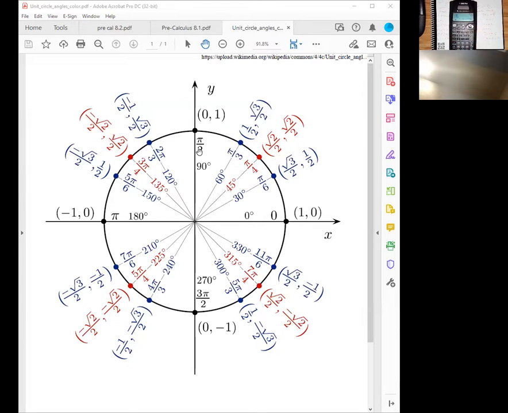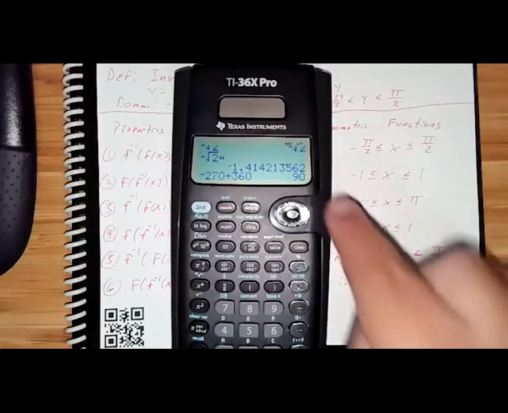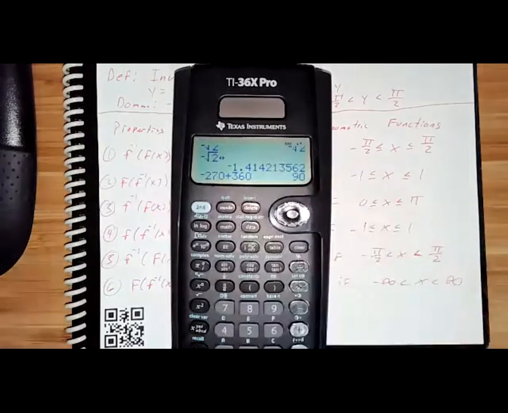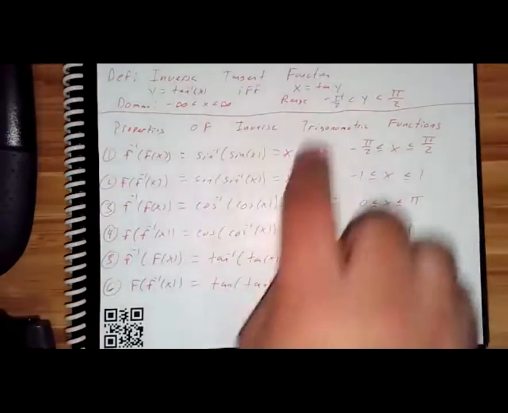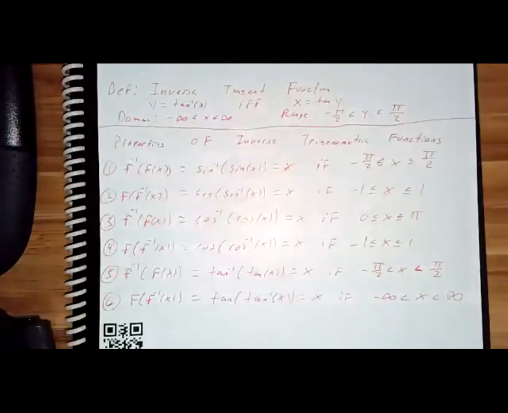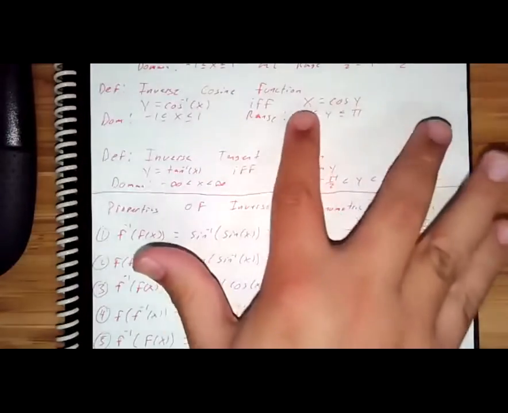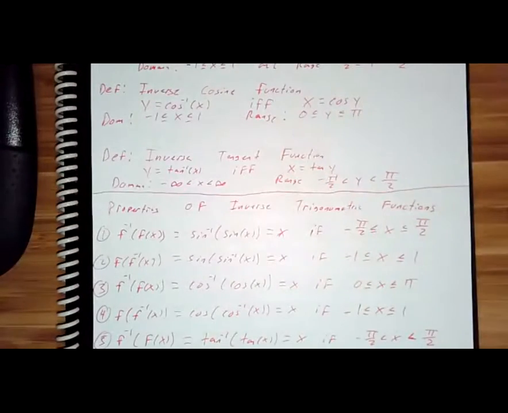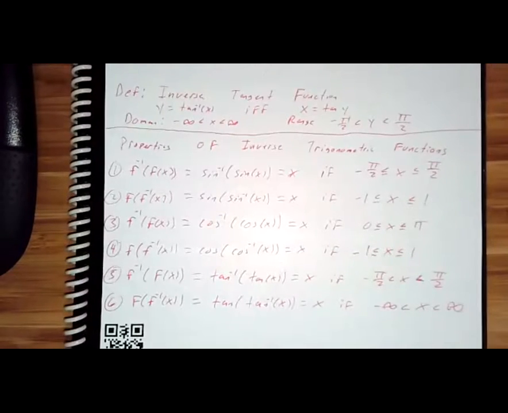So if I had negative 270, you would add 360 to adjust it, because this one is in the range for cosine inverse. If we look at the definition, we said it must be between 0 and pi. That makes sense?